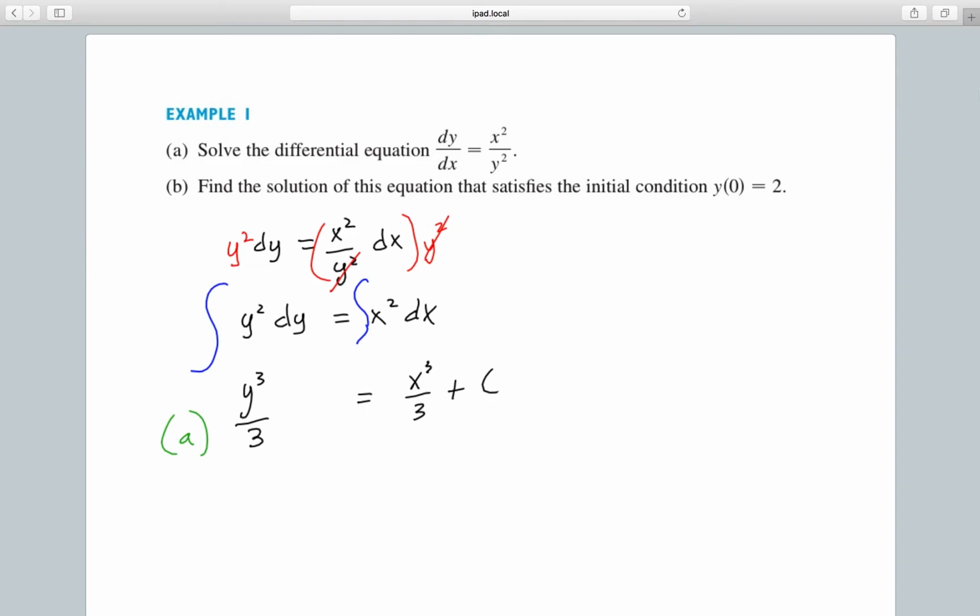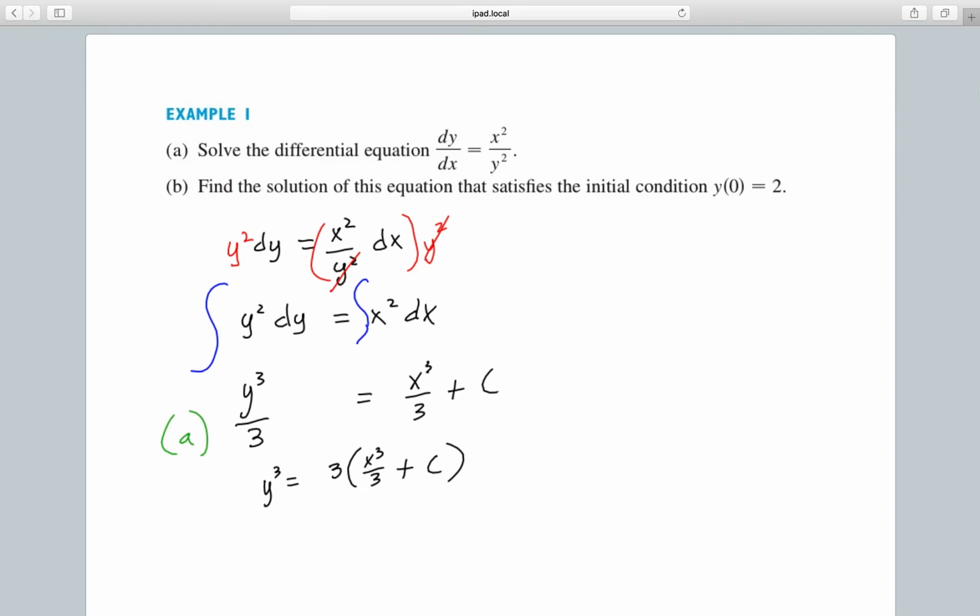And then part B, they give us an initial condition. Oh, you know what? Let's finish out part A. I said if you can solve for y, you should. And in this case, we can solve for y. So I'm going to say y cubed equals 3 times the quantity x cubed over 3 plus c.